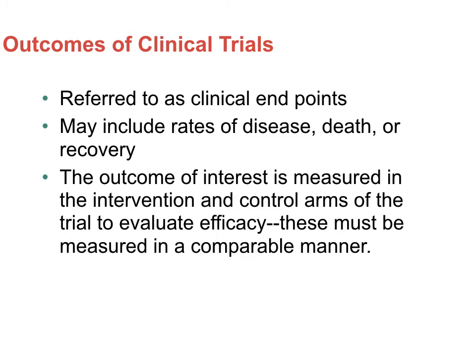In terms of the closure of clinical trials, they're referred to as the clinical endpoints. This may include rates of disease, death, or recovery. The outcome of interest is measured in the intervention and control arms of the trial to evaluate efficacy. Another reason you might close out a clinical trial goes back to giving someone a medication, for example, a new medication to treat cancer.